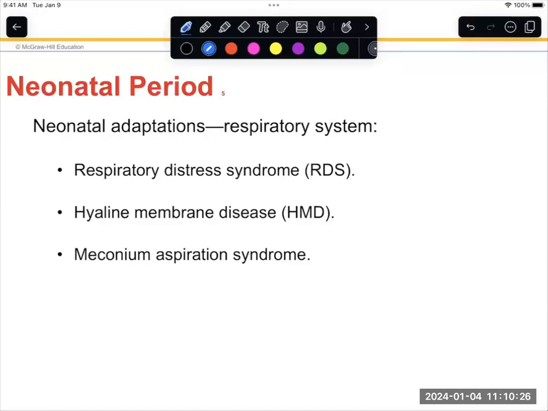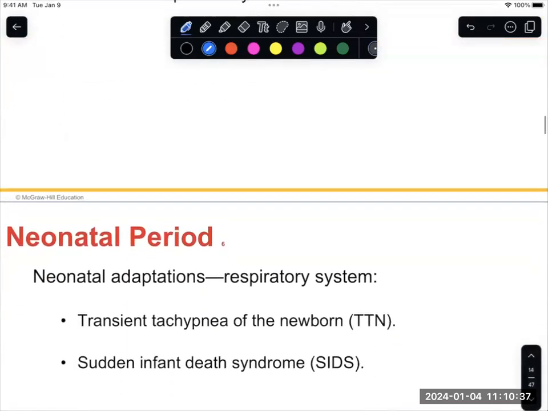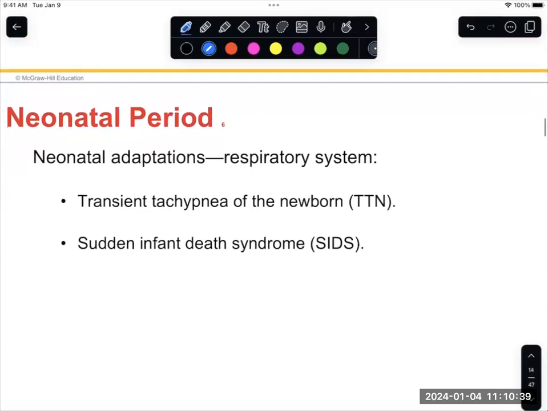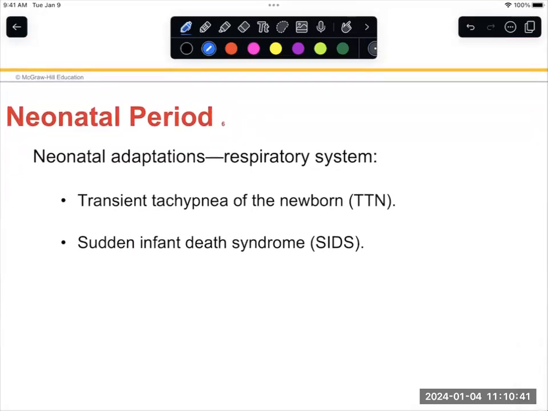Treatment is by intubation and suction of this meconium stained fluid. Transient tachypnea of the newborn occurs when amniotic fluid remains in the lungs of that neonate. Tachypnea, that fast breathing.